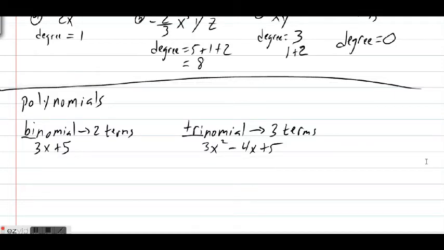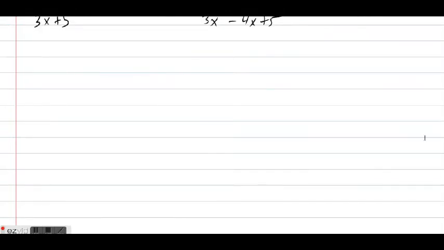So there would be an example of a trinomial. And then we have to start talking about a degree of a polynomial.